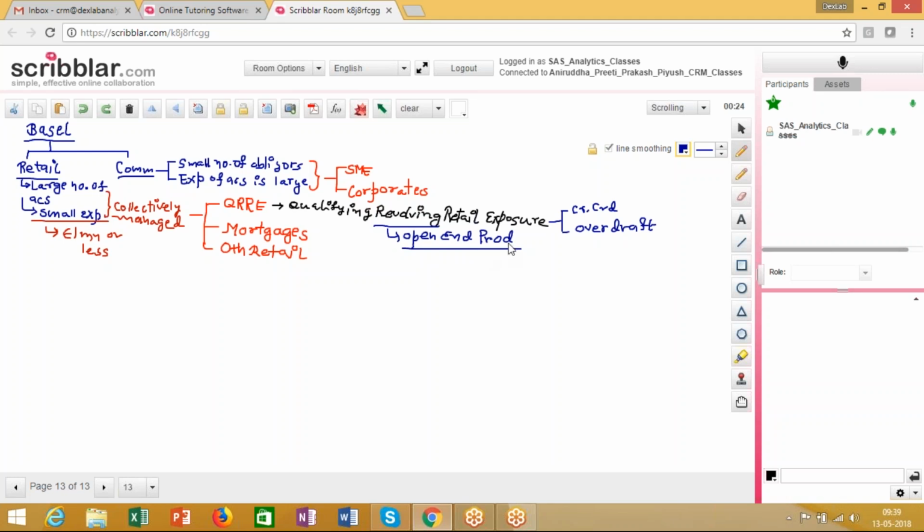What it means essentially is that this product does not have a fixed term over which it needs to be repaid. So, for example, when you own a credit card, you are just paying back the credit in time and reducing that balance.